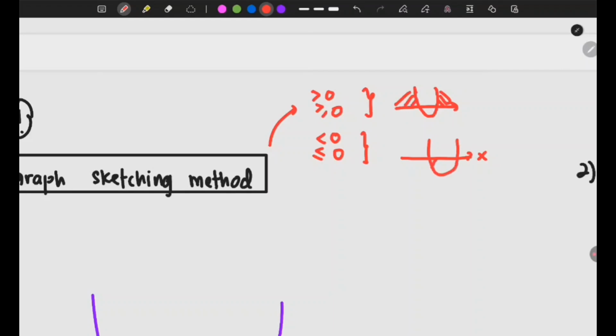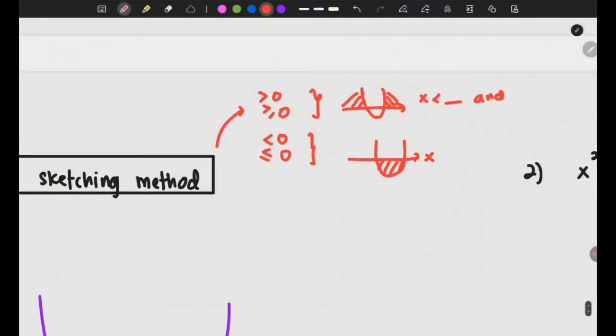If this is the graph, then x is in between something and something. What is the something? The roots, which is this one. That's the roots.